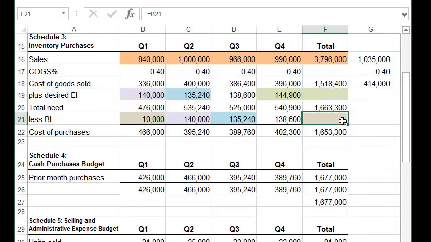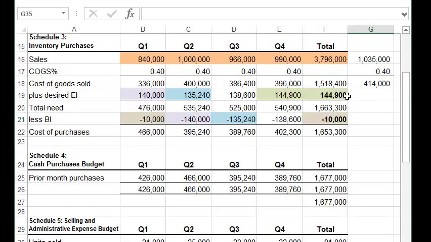Down here, what was our beginning inventory at the beginning of the year? Well, that would be the $10,000. So to make this column work mathematically, this needs to be ending inventory at the end of quarter 4. This needs to be beginning inventory at the beginning of quarter 1.